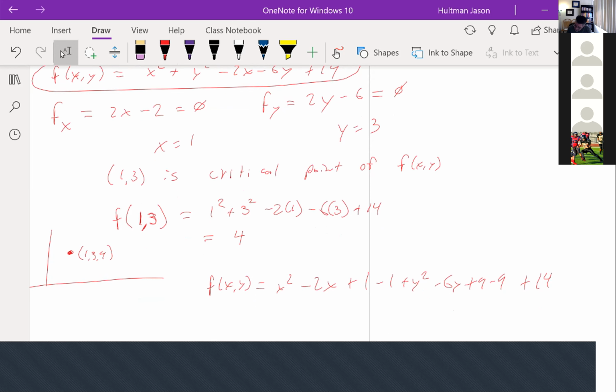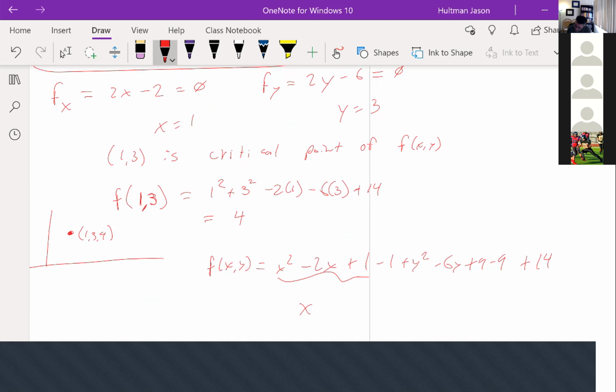Okay, so what is this going to become? Well, this becomes x minus 1 squared plus y minus 3 squared plus 4, right? Which is equal to f of x, y. Kind of cool.